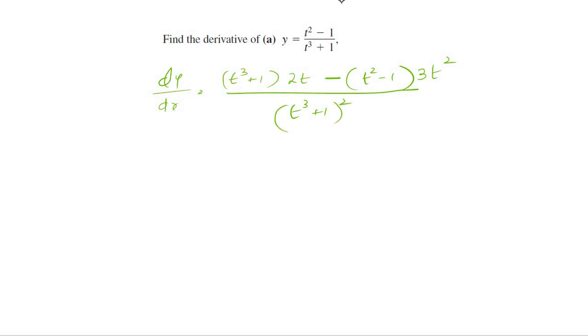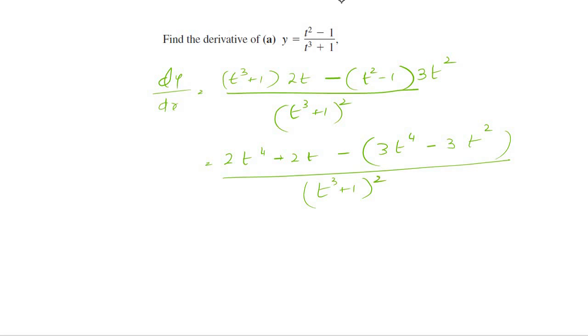So if we simplify this further, we can multiply this. So we get 2t to the power 4 plus 2t, minus, we'll multiply this, so it's 3t to the power 4 minus 3t squared, over t cubed plus 1 to the power 2.